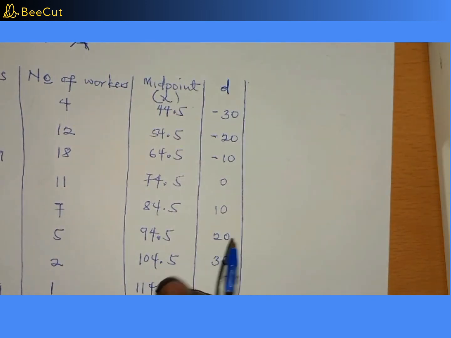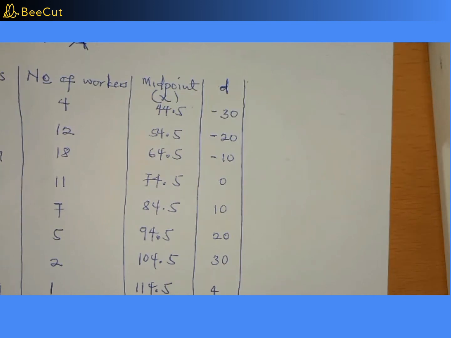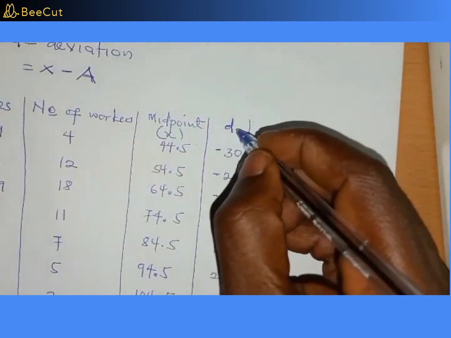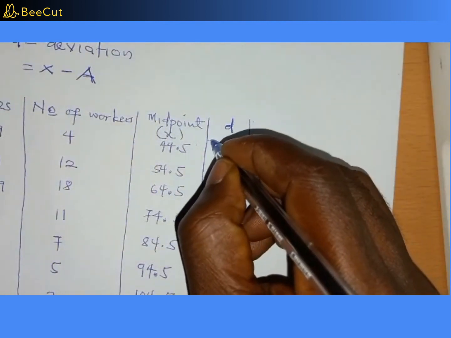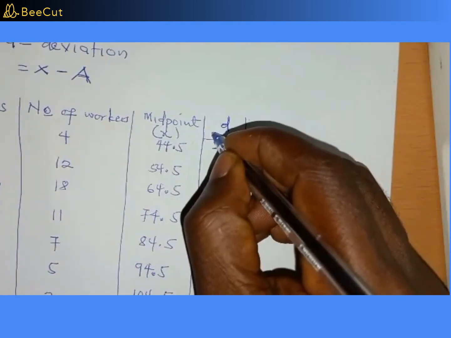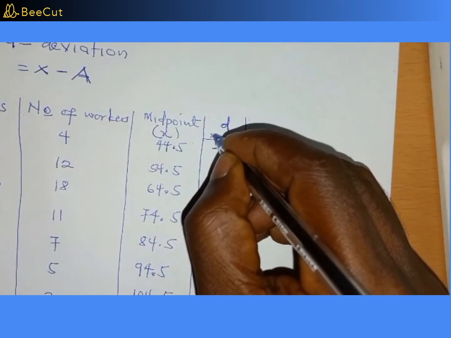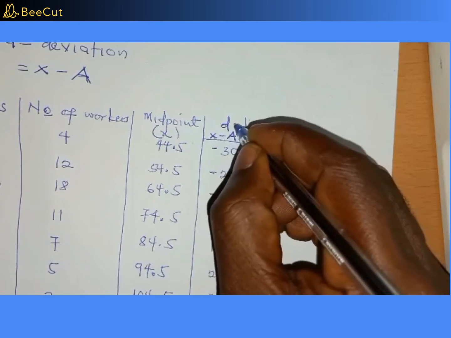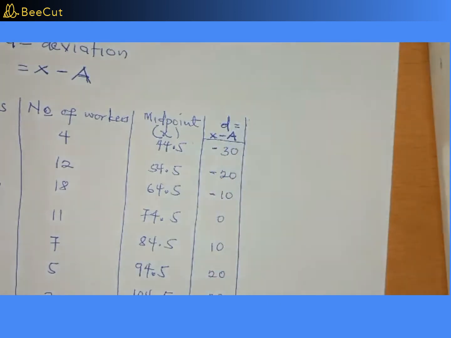And then when I subtract this, I'm going to get 40. So that gives me my D or the deviation. And we said it is always given by x minus a. That gives you your D.